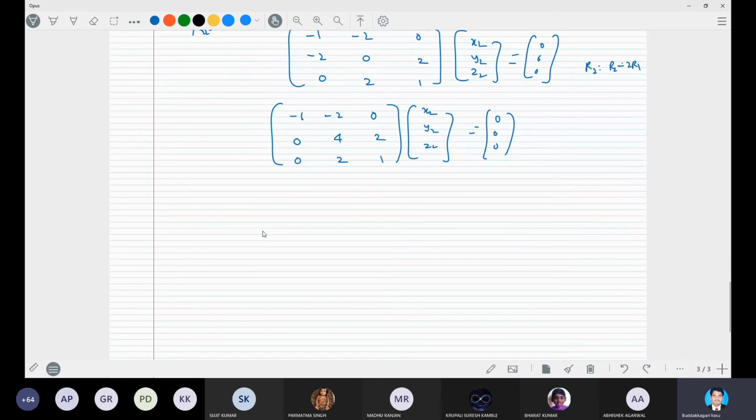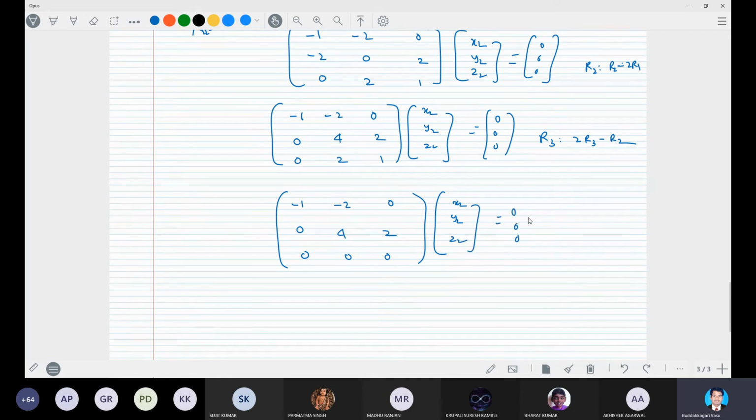Okay, now we make it 2R3 minus R2, which gives you minus 1, minus 2, 0; 0, 4, 2; 0, 0, 0, into x2 y2 z2 is equal to 0 0 0.